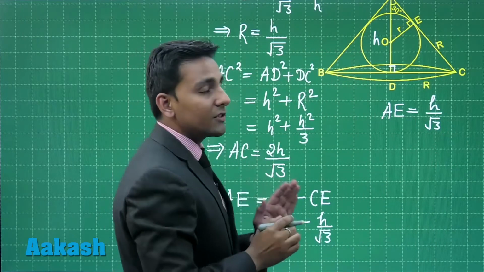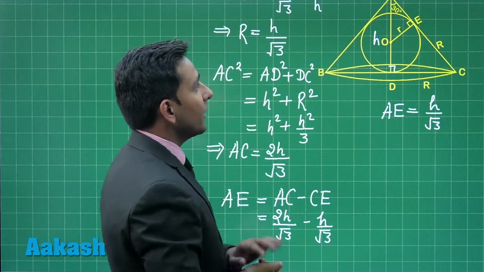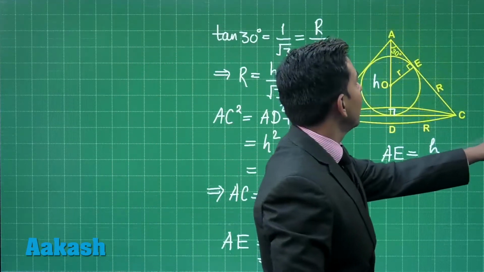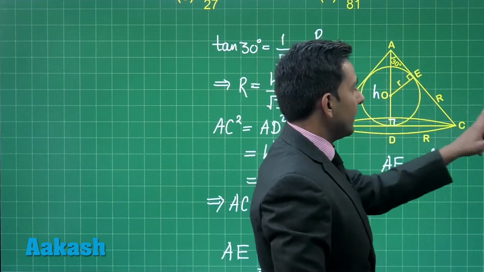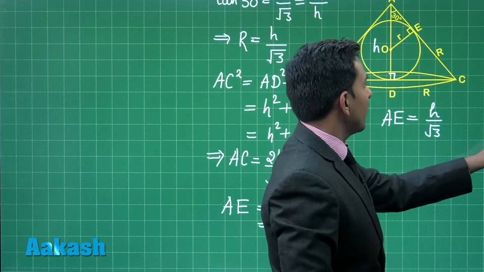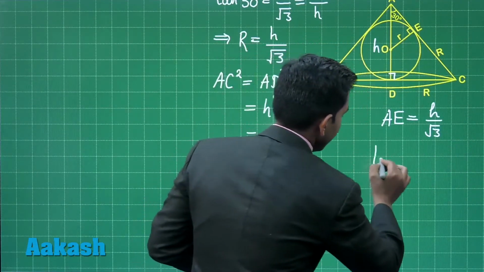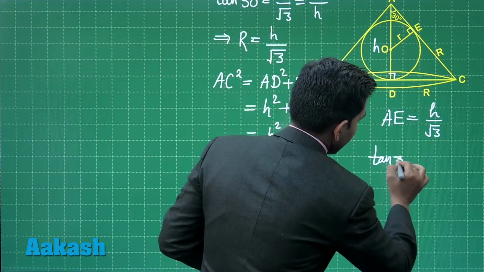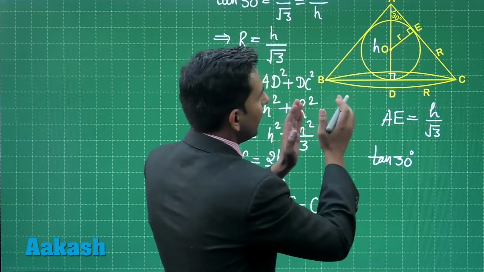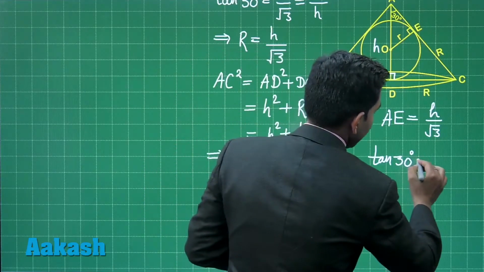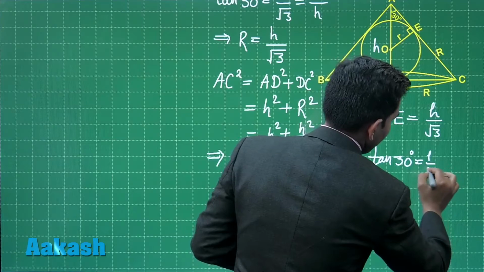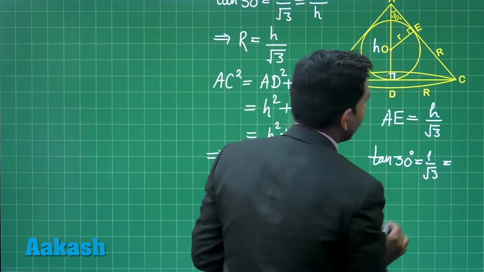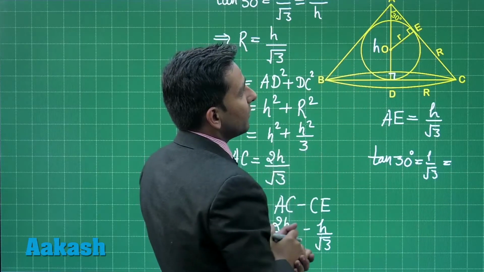Now we can further apply the concept of trigonometry in right triangle AOE. So when we apply tan 30 degree in right triangle AEO, tan 30 degree, which is again equal to 1 upon root 3, is equal to perpendicular divided by base.